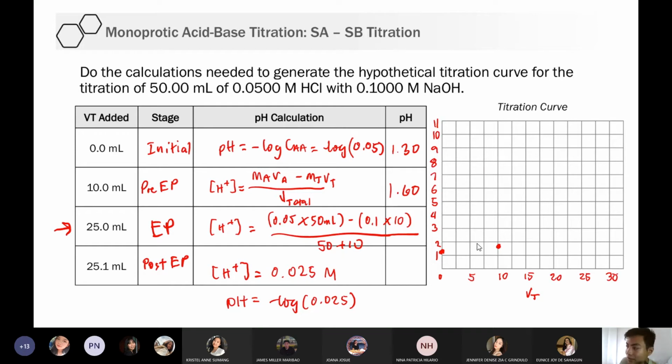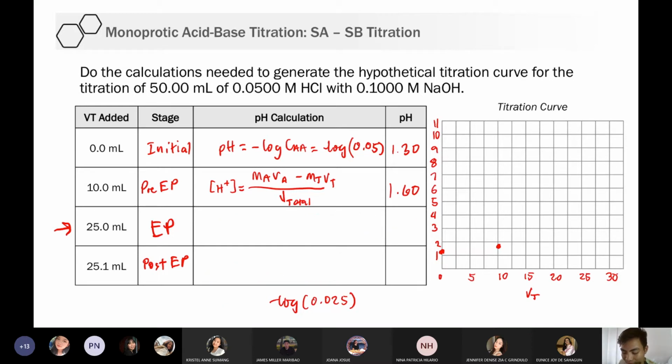Okay, so ayan. Ayan na siya. Okay, so again, as long as you know the stage, there is a corresponding equation to be used. And plug in mo na lang yung given. Okay. So, yan yung sagot natin for this stage pa lang. Diba? Ang daming nangyayari, no? Okay. So, ganun talaga. Wala tayong choice.